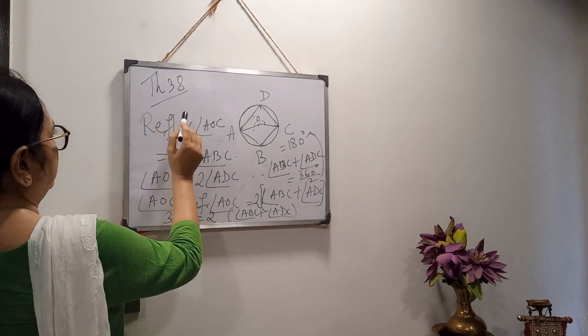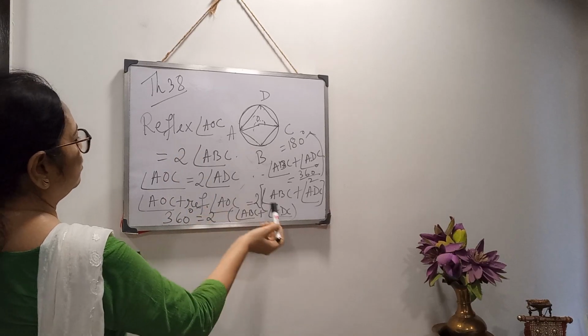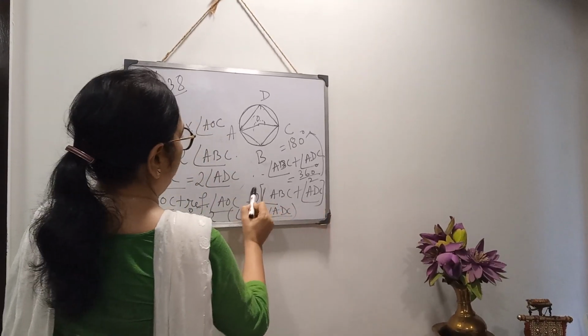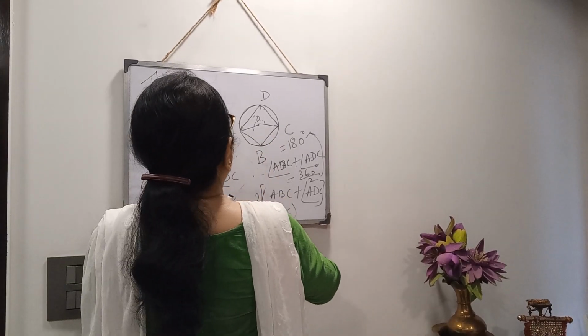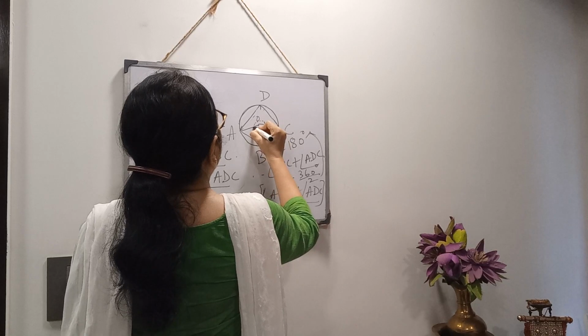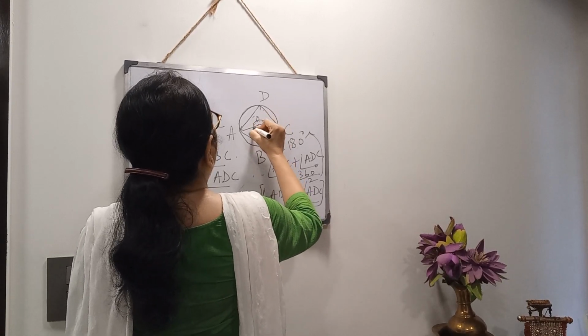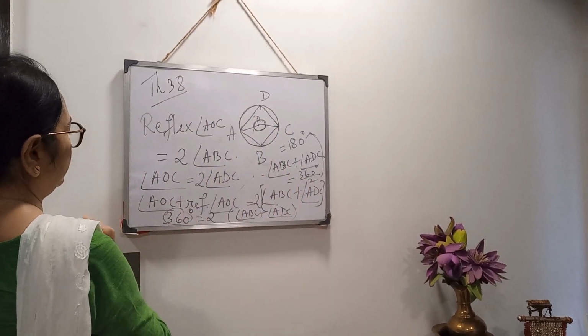Now I am adding number 1 and number 2. AOC plus reflex AOC; right hand side, twice ABC plus ADC, with 2 taken common. Now you see, this angle AOC plus the reflex angle means we are getting the total angle. Its measurement is 360 degrees.